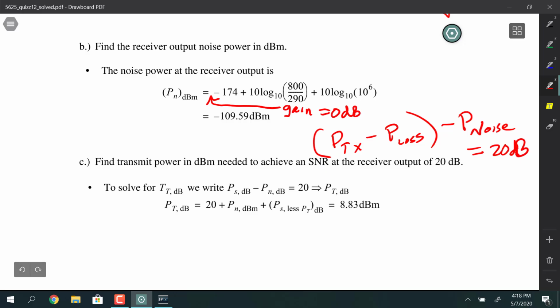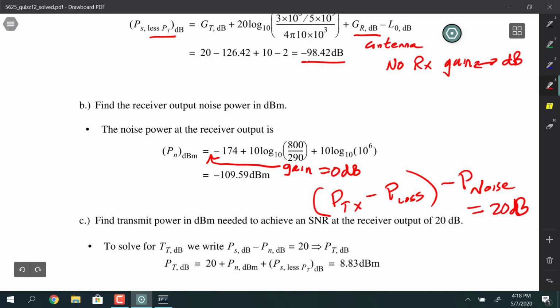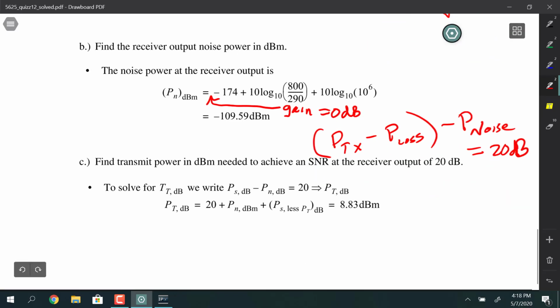So we want to have the transmit power minus its loss in getting to the receiver, which is this 98.42. And then you want that quantity minus the noise power to sit at 20 dB. So we want to have a 20 dB margin.